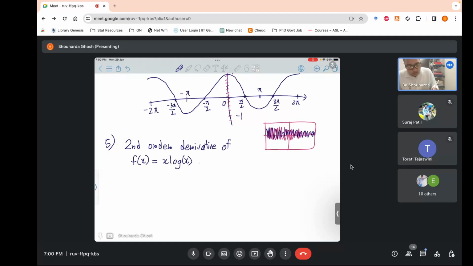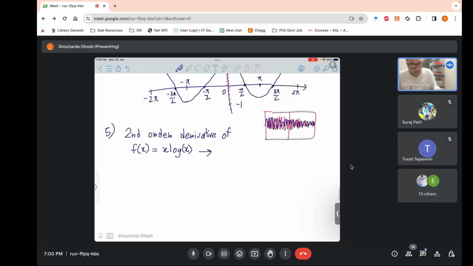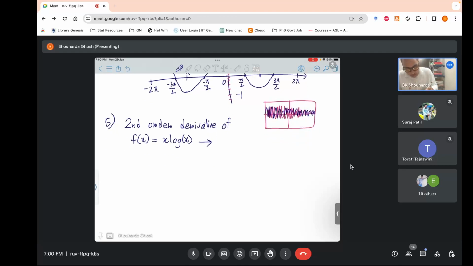So we'll be applying the multiplication rule first. f(x) is the product of x and log x. In most cases, it will be very clear from the options whether the log means log base 10 or the natural log. So you should be careful about that, and that will be easily visible from the options if it's not mentioned.